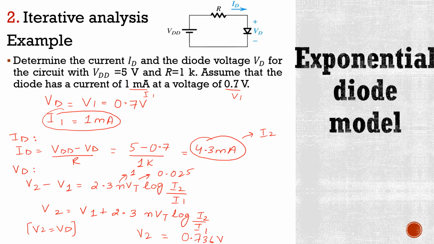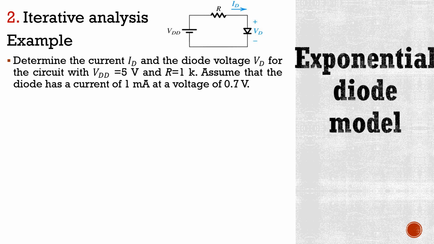So this is the result of the first iteration, where the value of ID is 4.3 milliamperes and the value of VD is 0.736 volts.